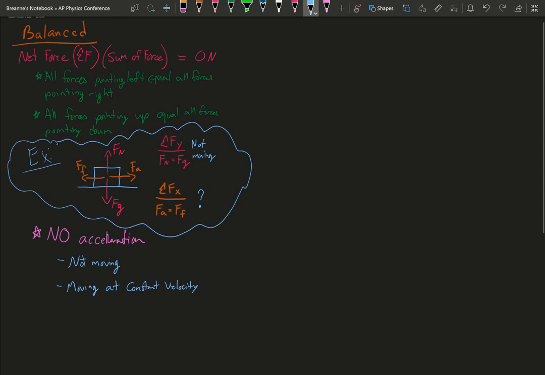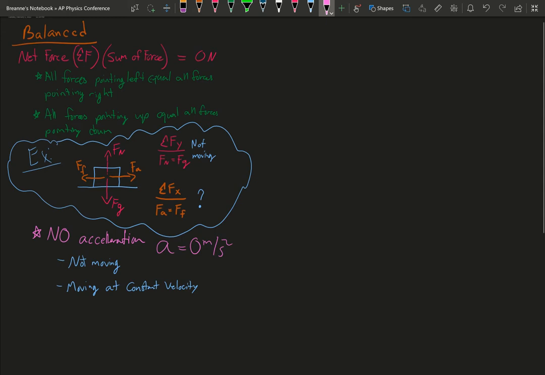It also means, because your net force is 0, that your acceleration equals 0 as well, because it can either A, not be moving, or B, moving at constant velocity.